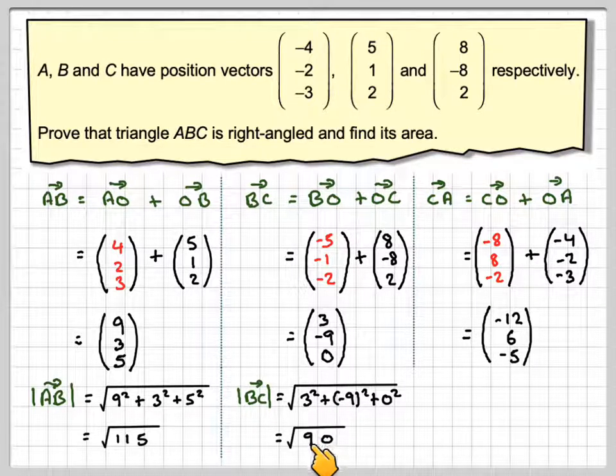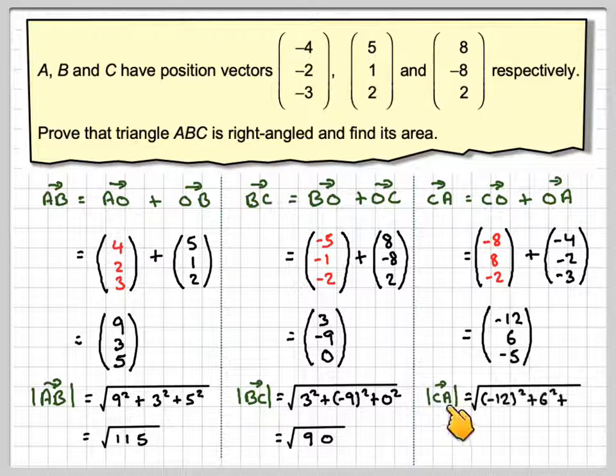Now your calculator is going to give you 3 root 10, so you'll need to convert it back to root 90 using your rules of surds. And then the length of CA is (-12) squared plus 6 squared plus (-5) squared. Notice my minus signs are in brackets. So that gives me 205.